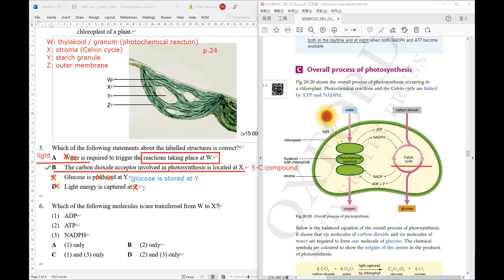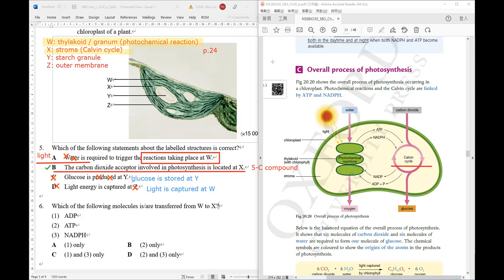If you want to do correction for this statement, you can say light is captured at W. Okay, so question 6. The question asks you, from W to X, we transport some materials from thylakoid to stroma.